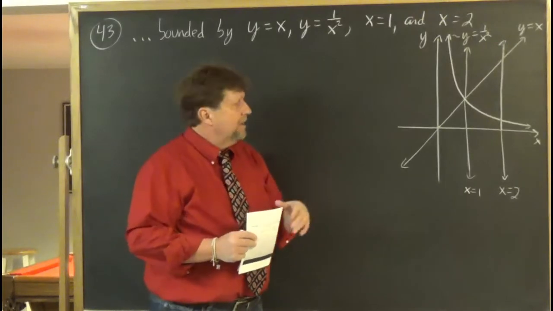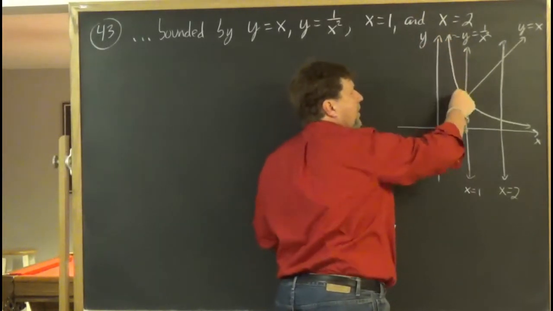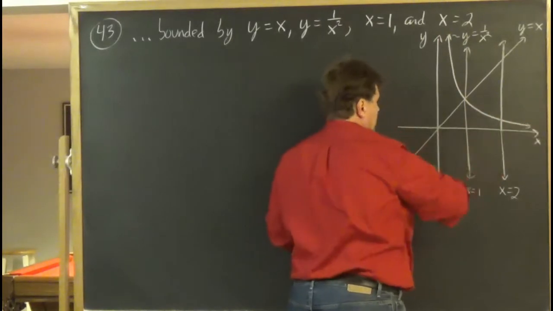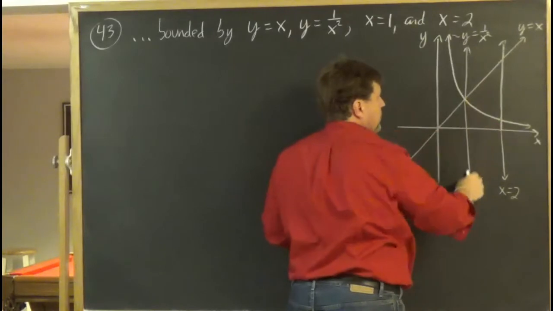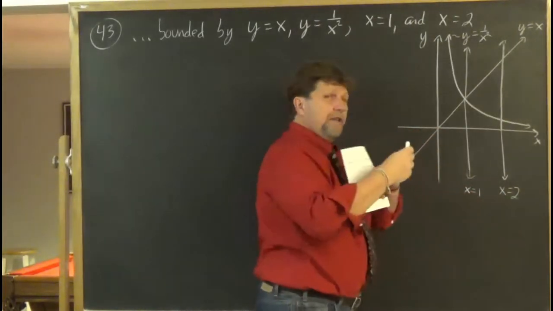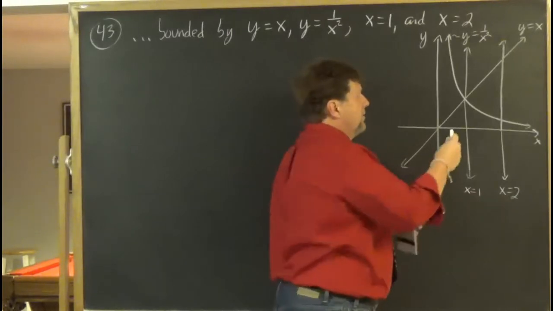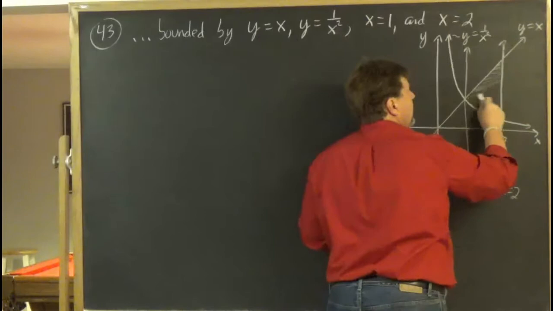So I've already gone ahead and graphed everything here. Here's the graph of 1 over x squared. Here's the graph of y equals x. Here's x equals 1. Here's x equals 2. So the region that is bounded by all those graphs, it's this region right here.